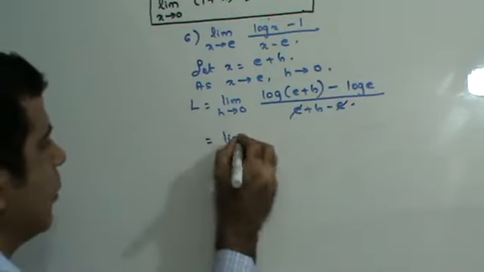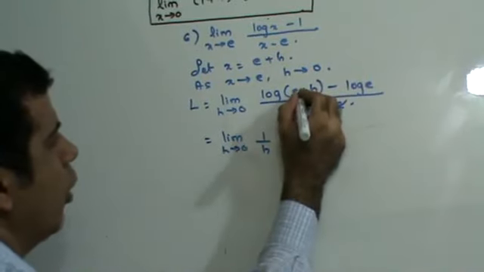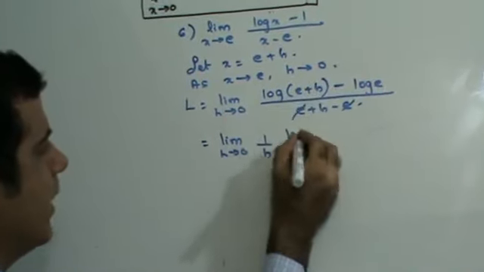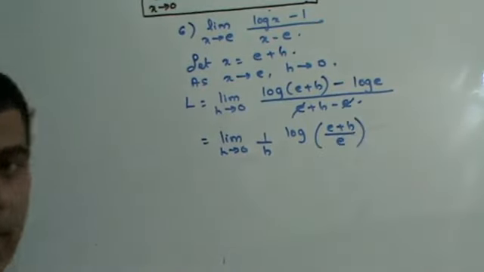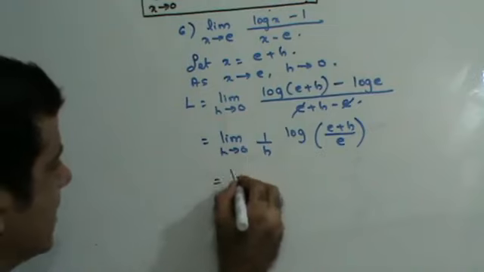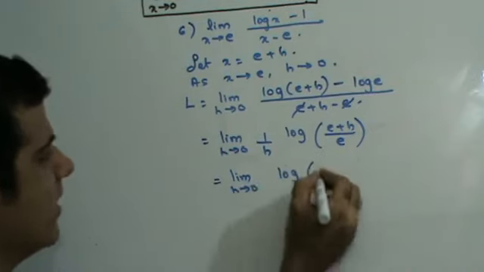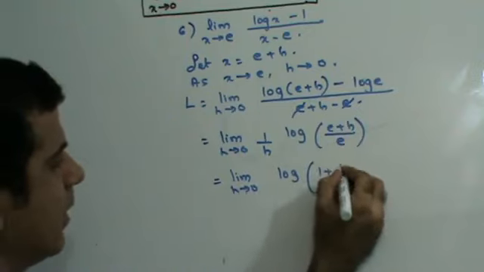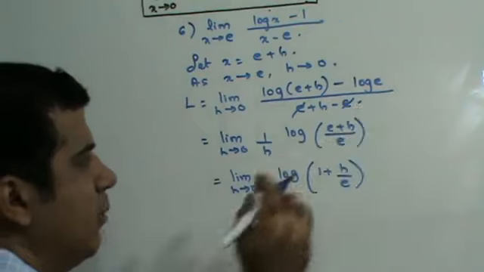This is limit of h tends to 0, 1 upon h, log a minus log b is nothing but log a upon b, right? This is limit of h tends to 0, log, split the numerator, 1 plus h upon e, e upon e is 1, h upon e.